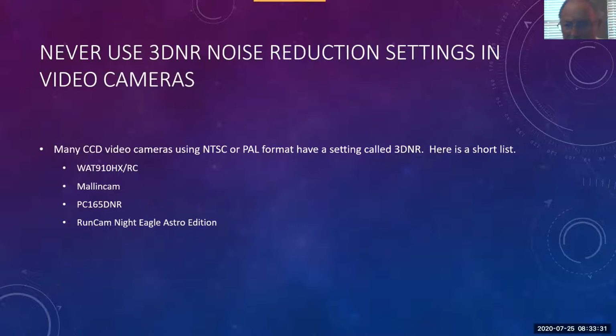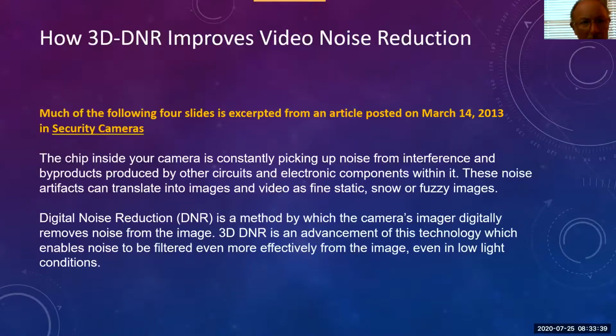So what we're going to talk about today is an important thing for our general membership to be aware of. Now, how 3 DNR improves video noise reduction. I clipped this off of the internet. The next four slides are excerpted from an article posted on the website Security Cameras.